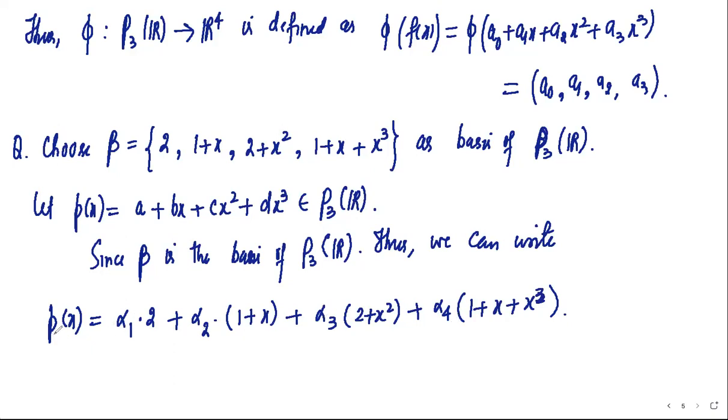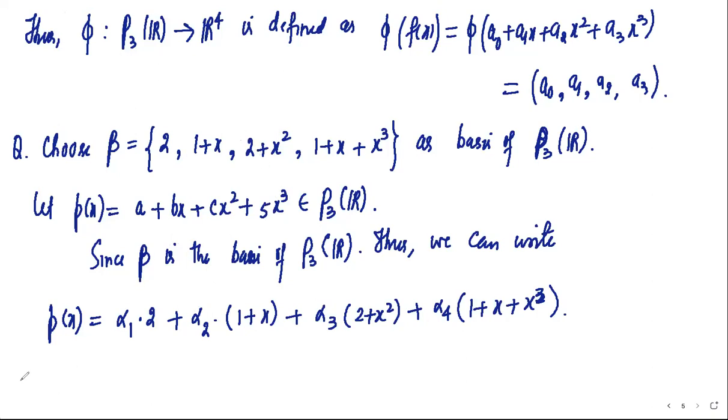So therefore we can write this p of x as alpha 1 times 2, alpha 2 times 1 plus x, alpha 3 times 2 plus x square, and alpha 4 times 1 plus x cube. तो अब हम देखेंगे, now using this we will try to find out what is the exact value of this alpha 1 in terms of some fixed real numbers. तो वो obviously हमें यहाँ पे आंसर आ जाएगा in terms of a b c d. चलो ठीक है, हम यहाँ पे d की जगह पे सम, लेट्स राइट 5, हम कुछ भी लिख सकते हैं. ठीक है.